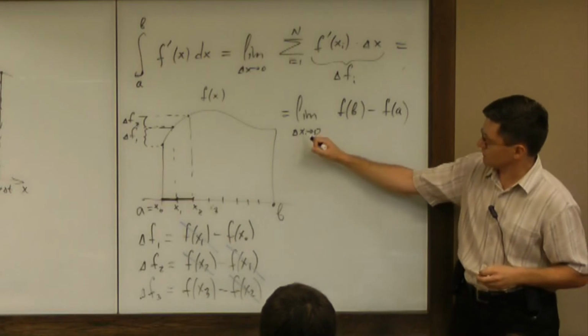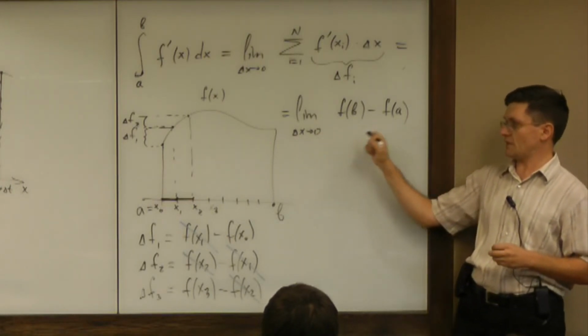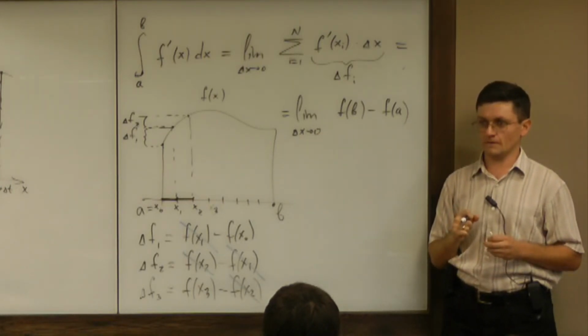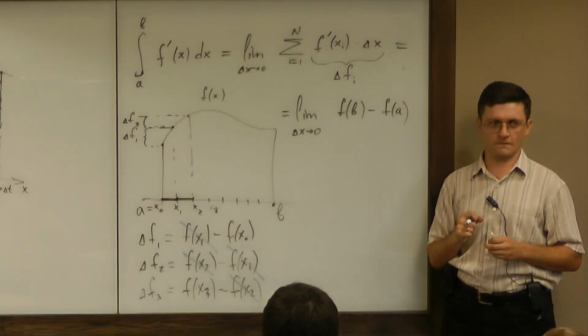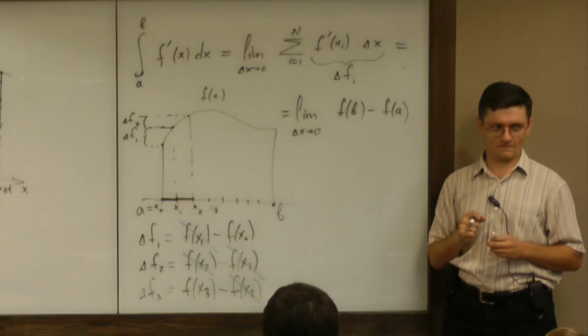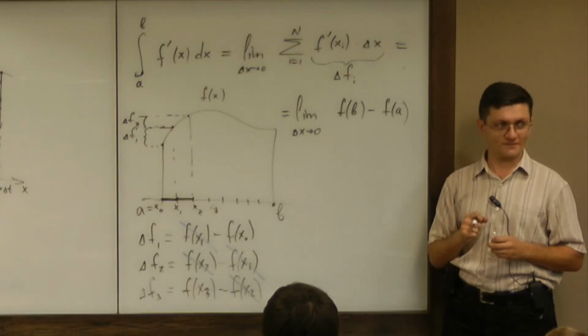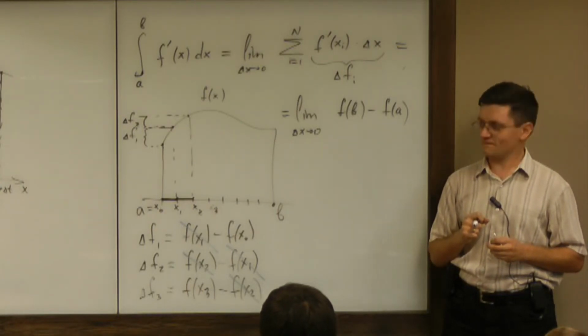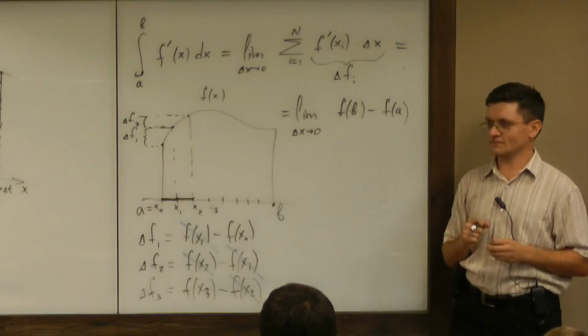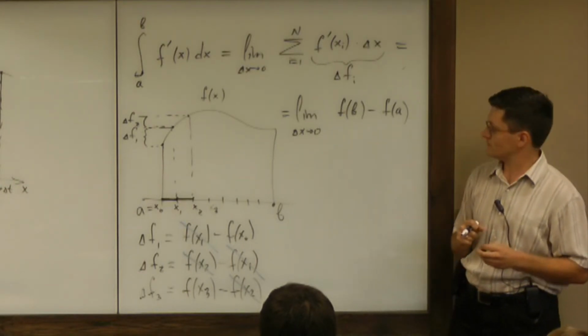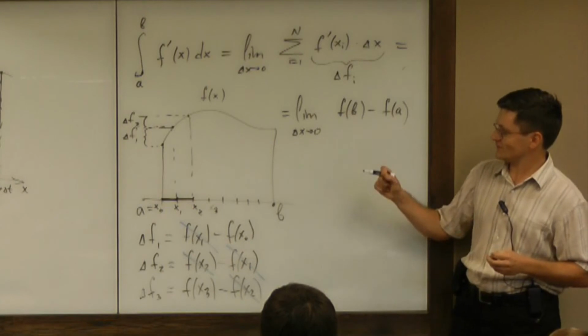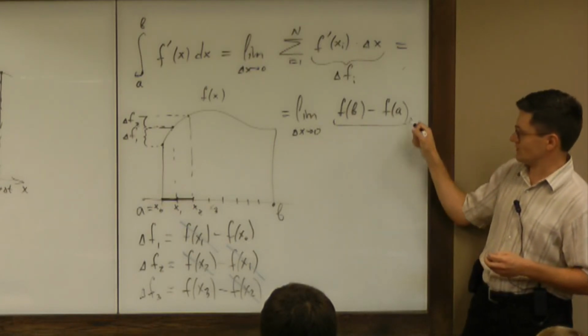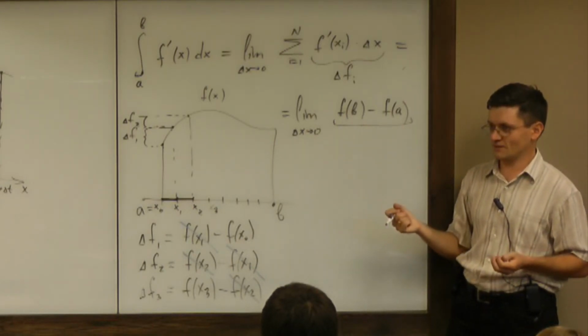Now can you find the limit of f of b minus f of a as delta x goes to 0? What happens to this quantity as delta x goes to 0?